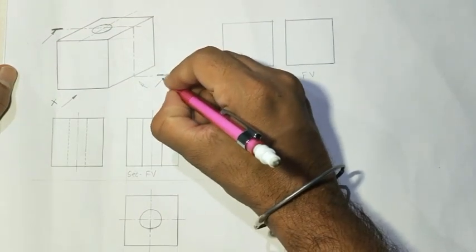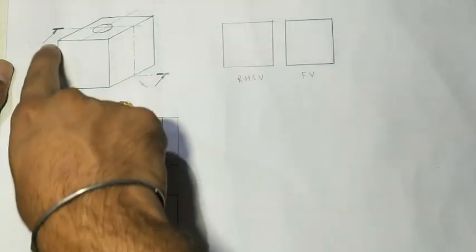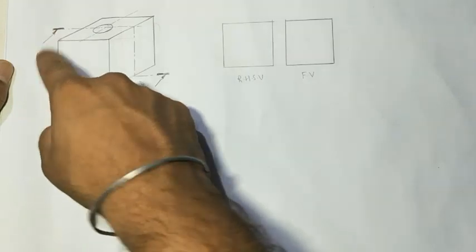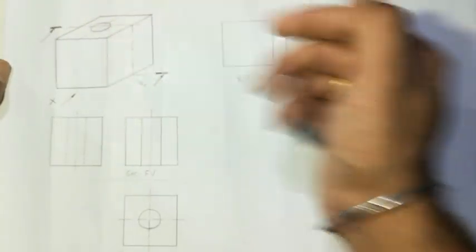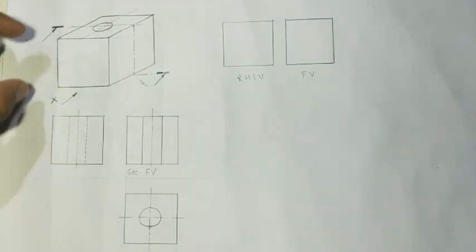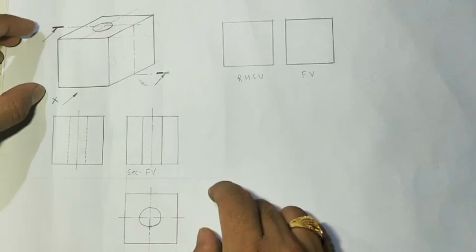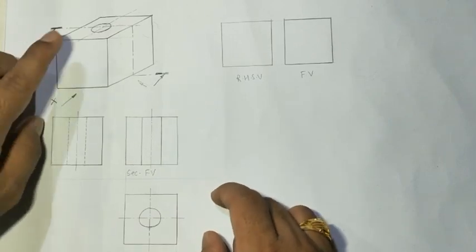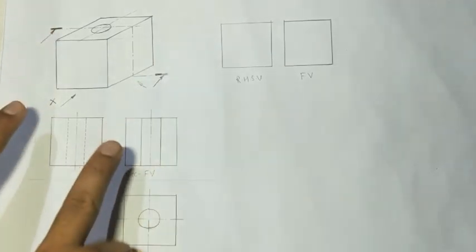What is the significance of these arrows, or what do they tell us? They tell that when you pass the cutting plane along this line, the object gets cut into two halves. After that, you have to observe the section along this direction.